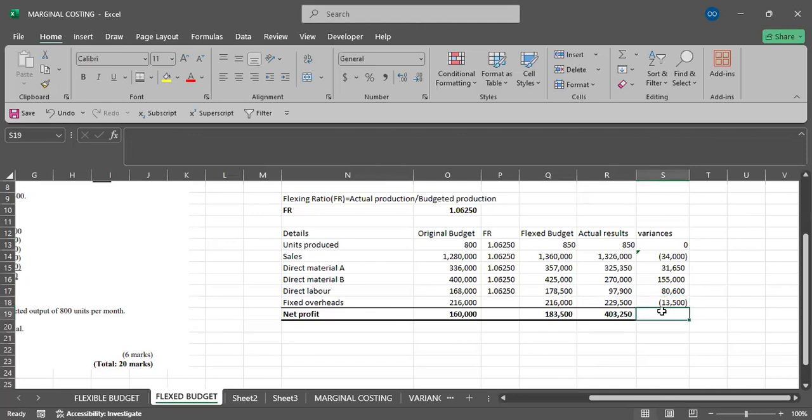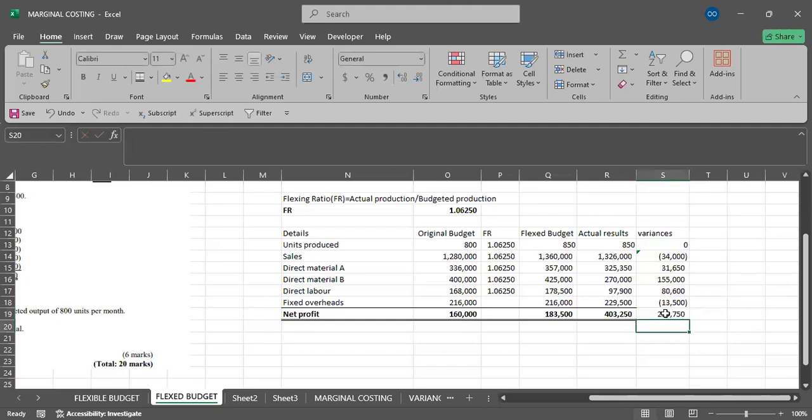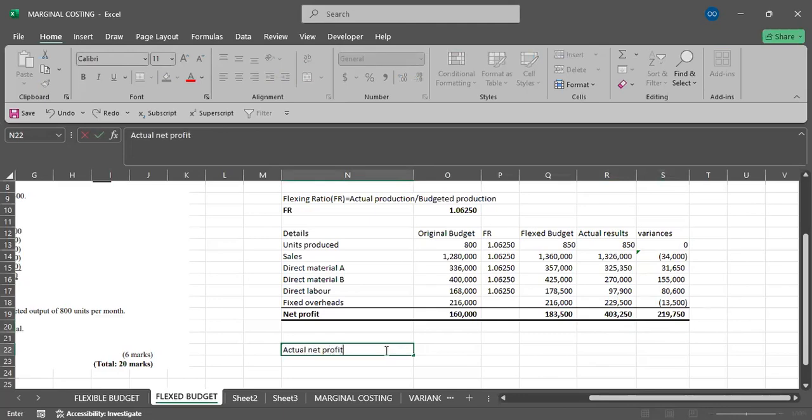Then can we now get the net of the variances? Net of the variances all the way from here is equal to 219,750. So if you start with budgeted, not any other budgeted, but the flexed budgeted net profit of that amount, then I need to add net variances, which is the net amount of changes in variances.